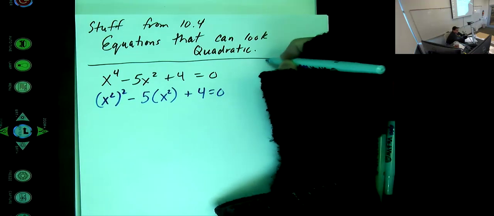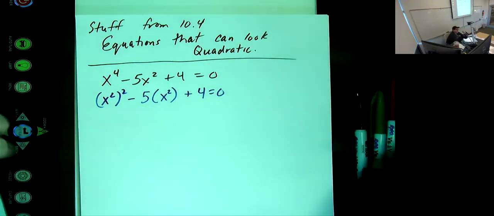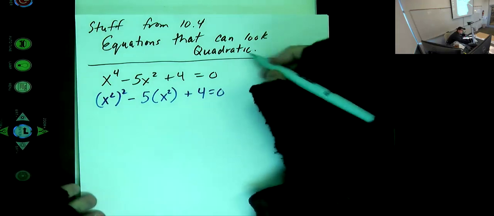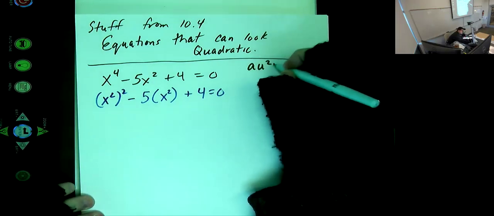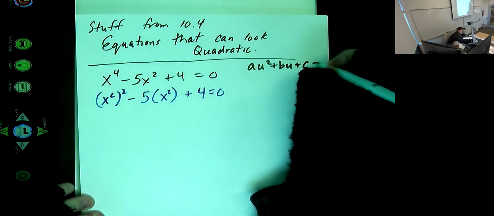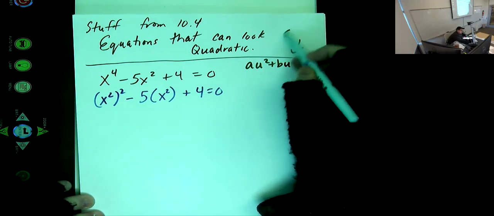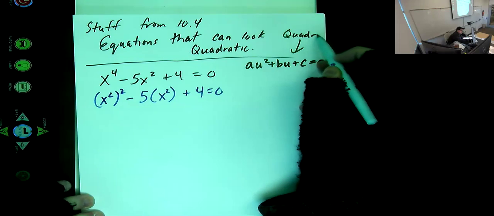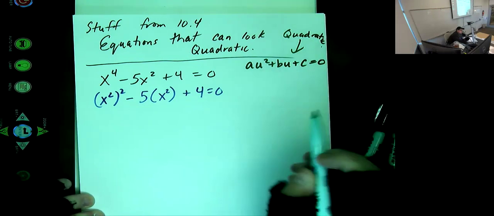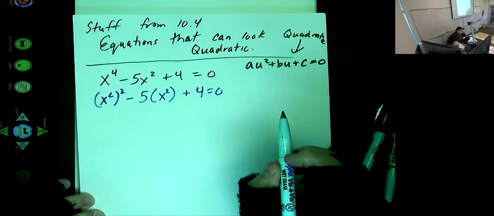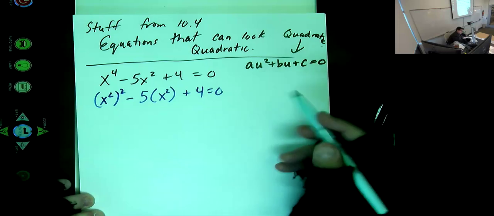If I am comparing this to au squared plus bu plus c equals 0, which is quadratic. Quadratic means it's got a square. How do these two compare?